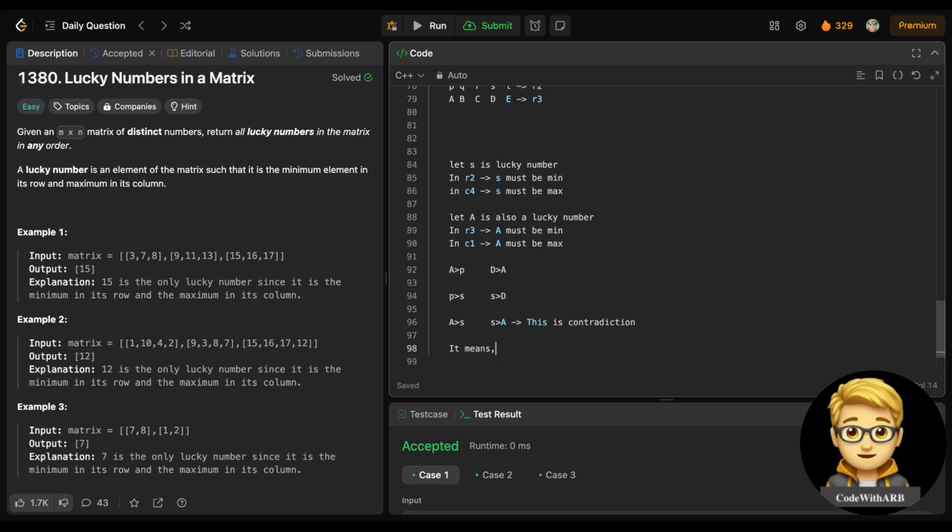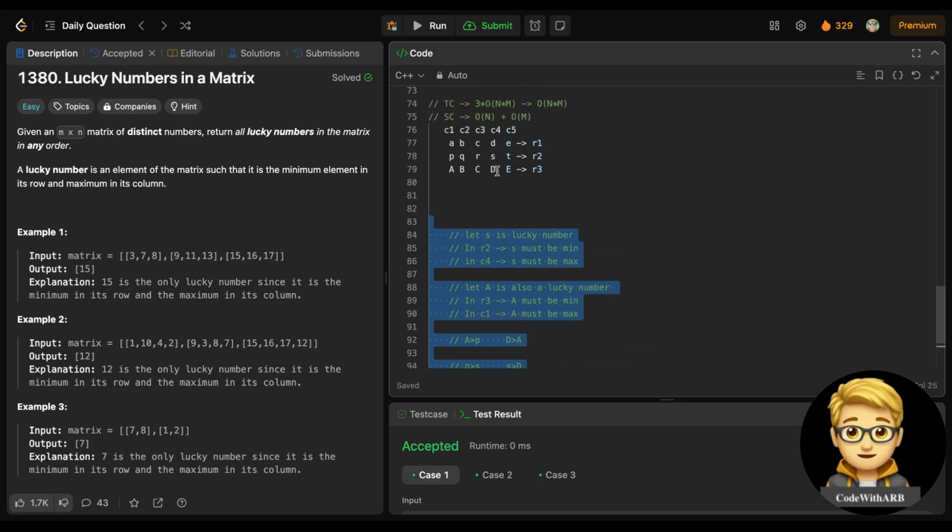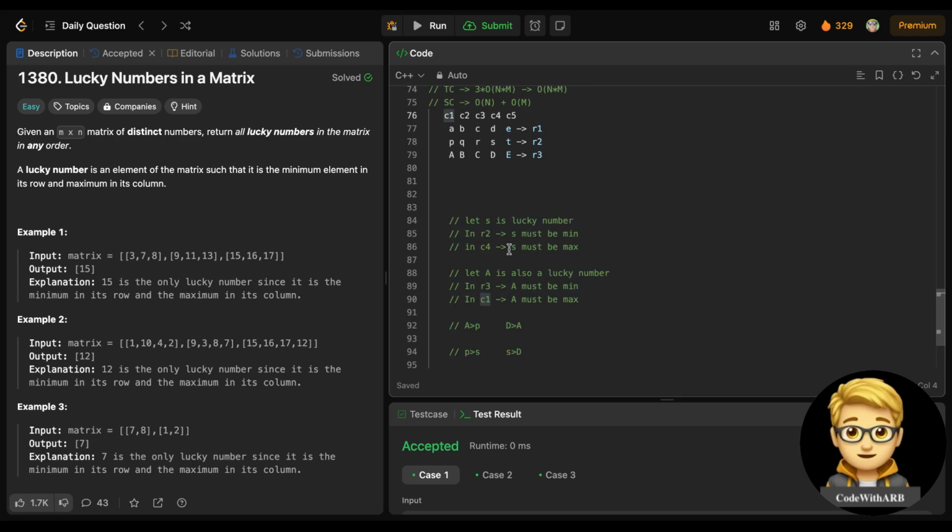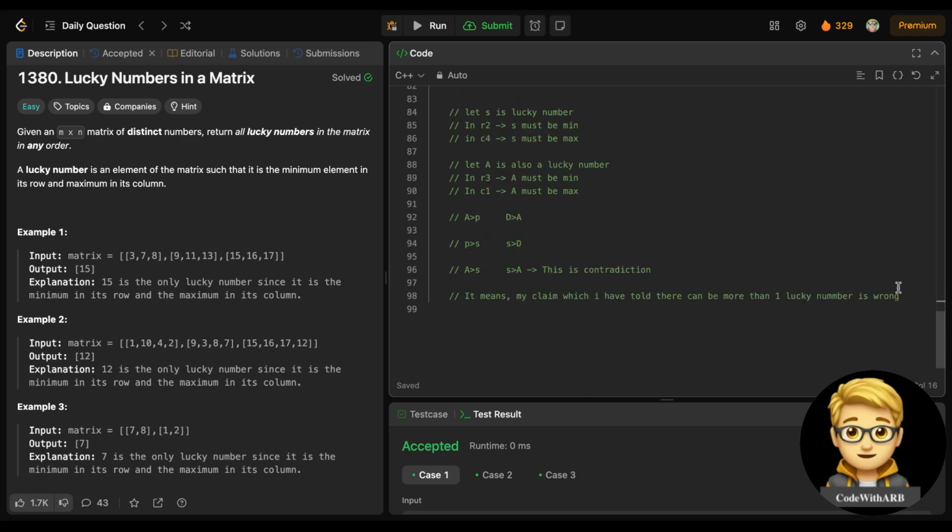It means my claim that there can be more than one lucky number is wrong. So this is how we find that we can only have one lucky number in the whole matrix if the numbers are distinct. If the numbers are not distinct, we can have more than one lucky number, but if they are distinct, we can only have one.